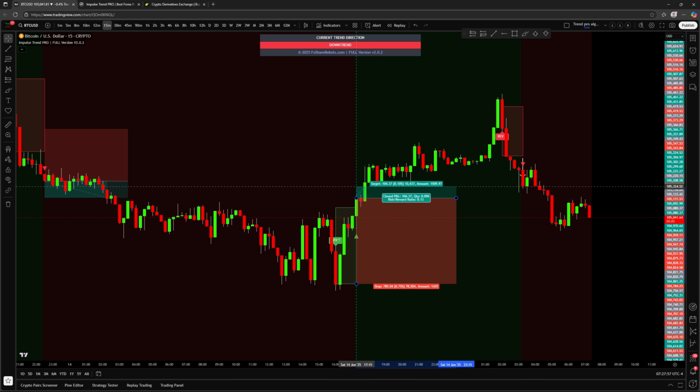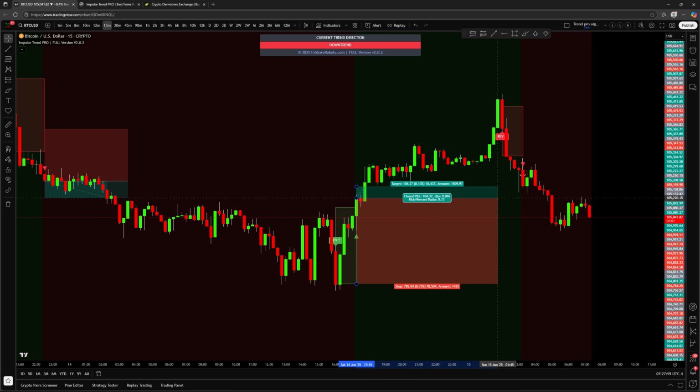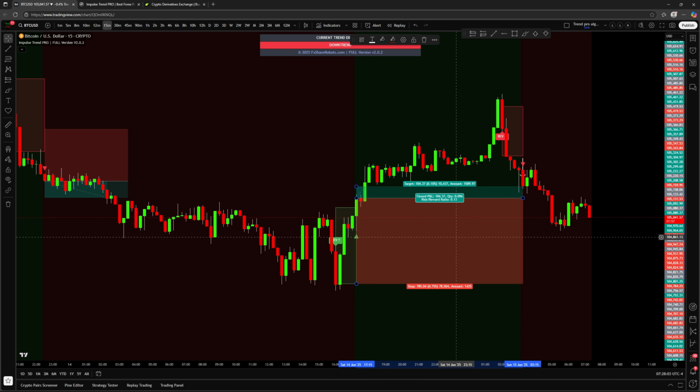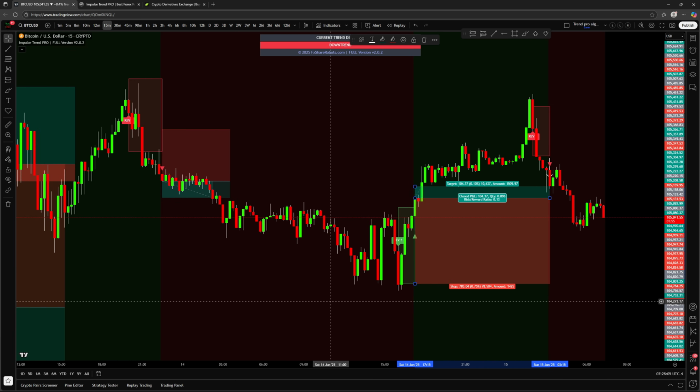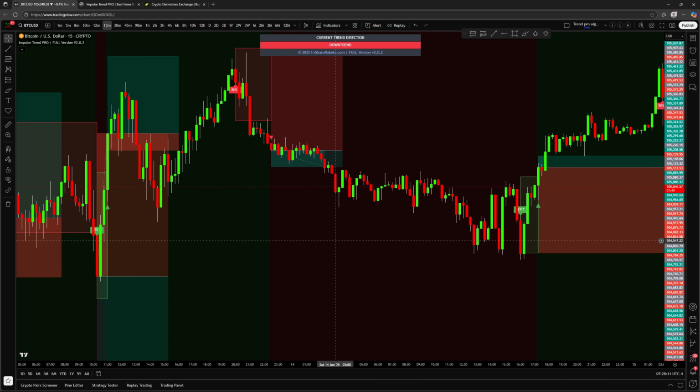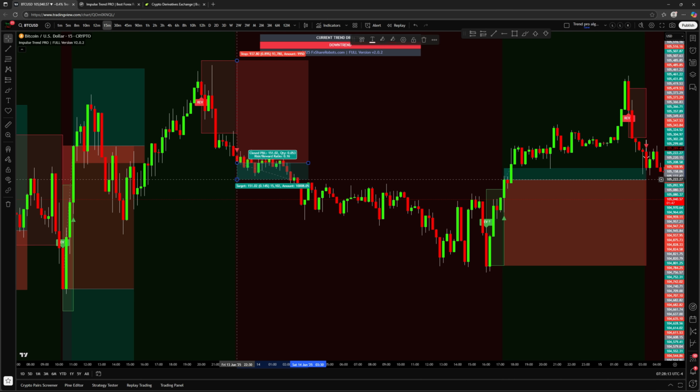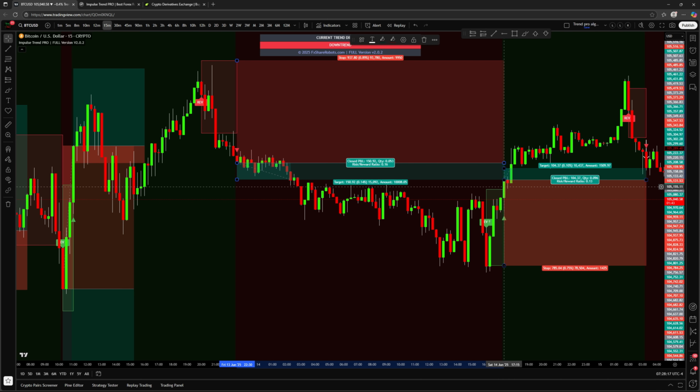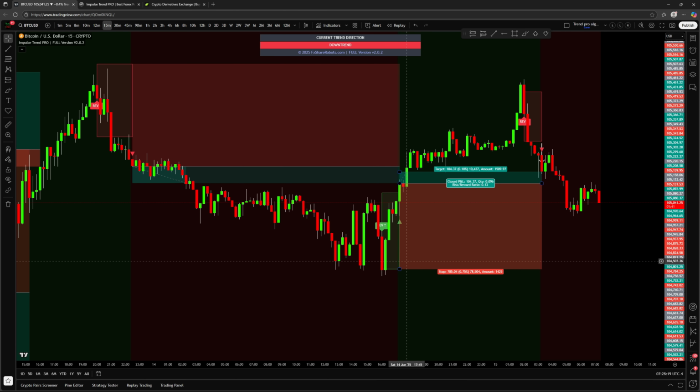So I would close it right here when we go red there. So this one basically makes nothing, 0.1% on that one. And then we can see we go red here, we go stop loss to the red box, and then exiting over here when we get the opposite direction signal.